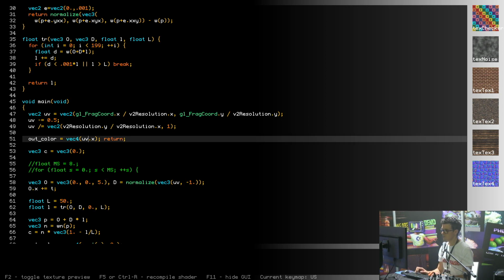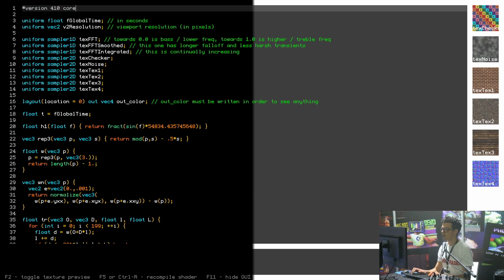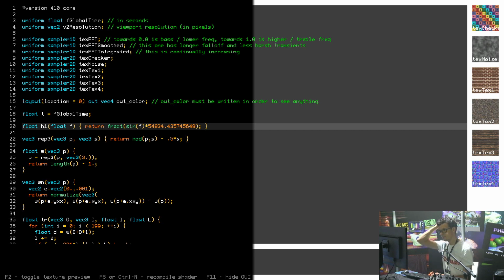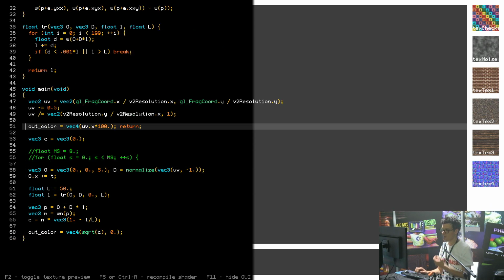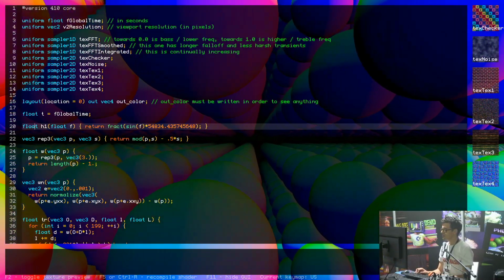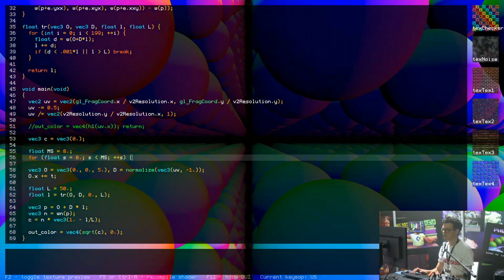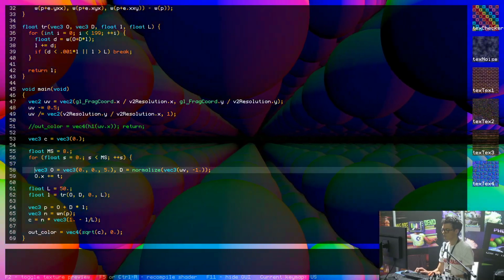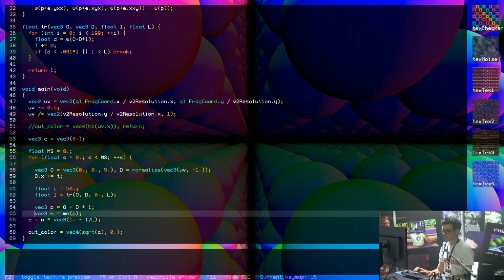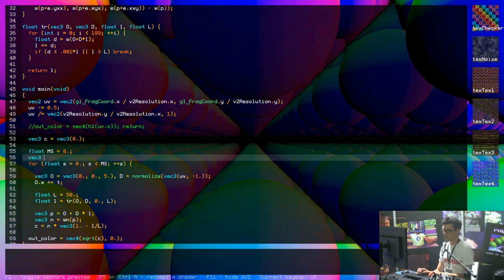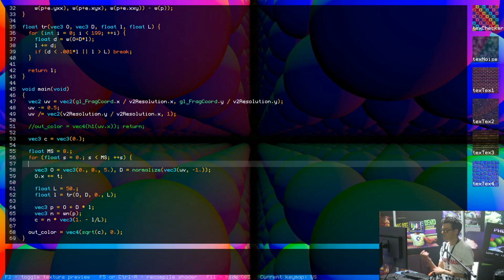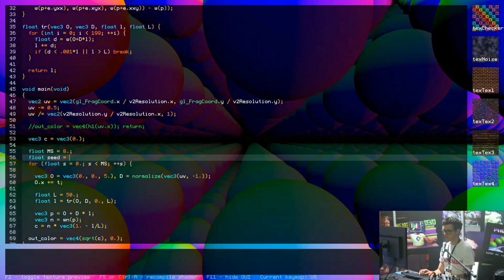Ah, it's getting a bit noisier. Okay, so we just saw the one-dimensional noise, which was represented by the dark and light lines from left to right.